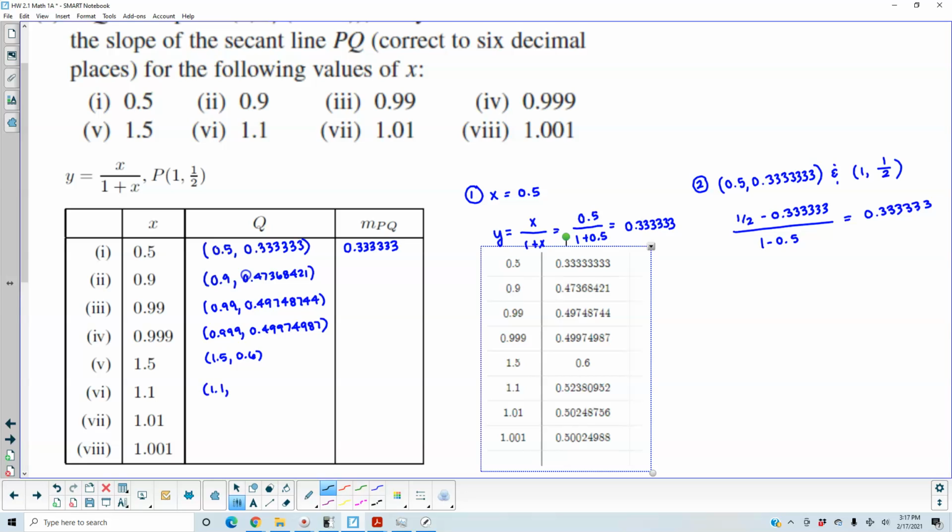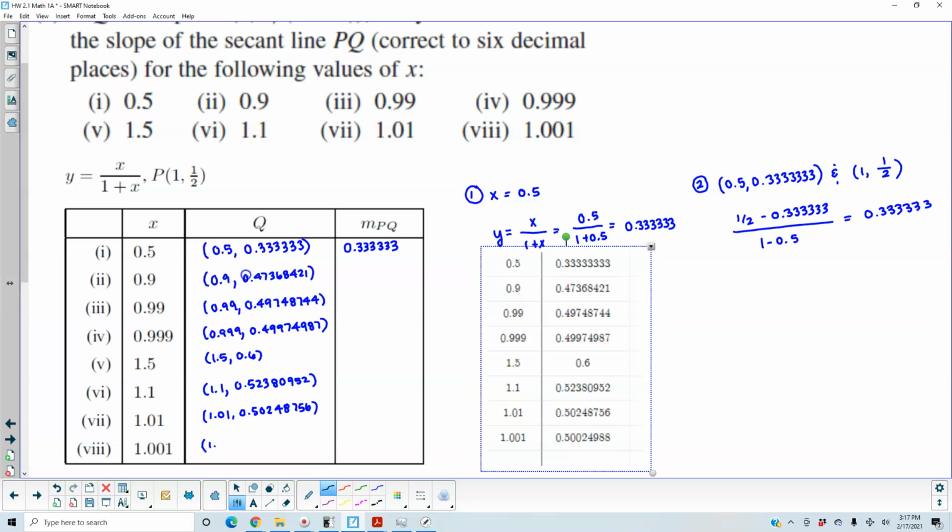For 1.1, we have 0.52380952. For 1.01, we have 0.50248756.